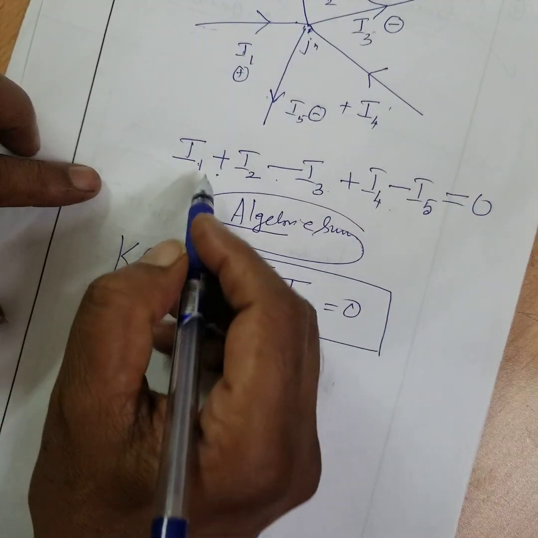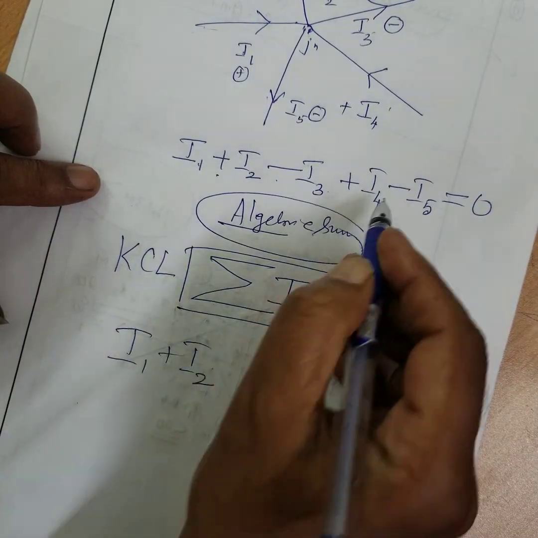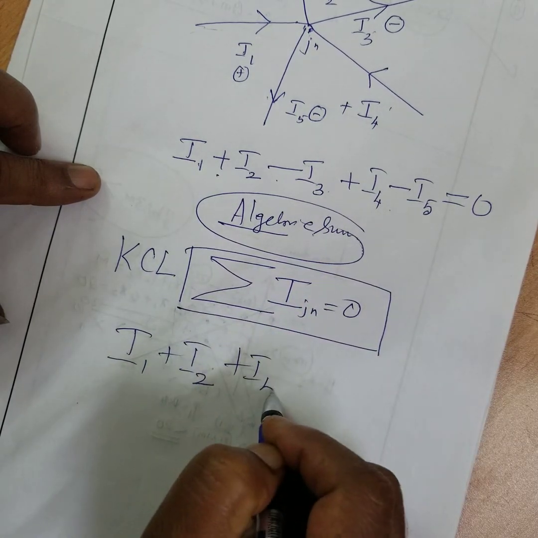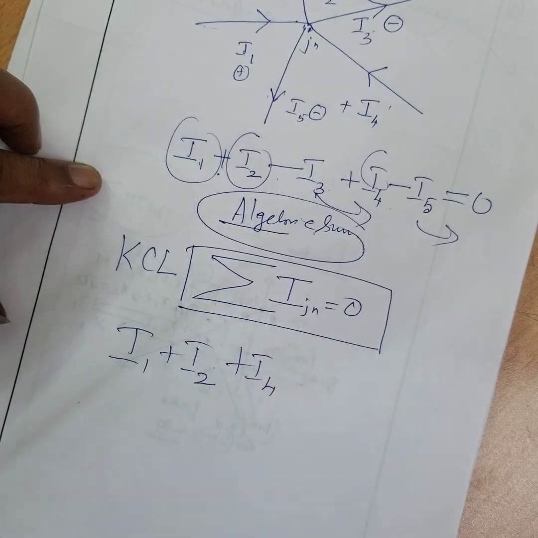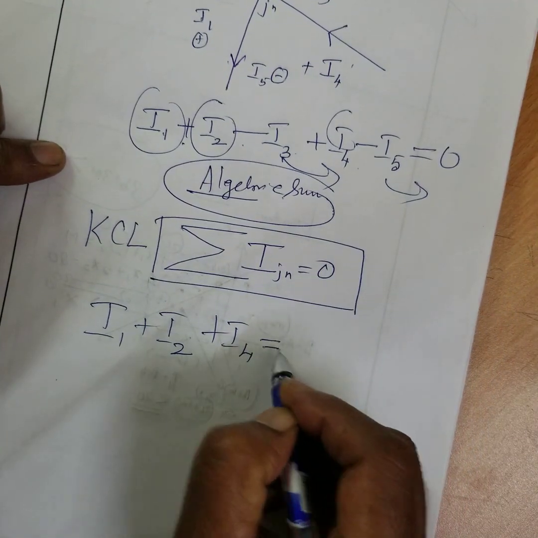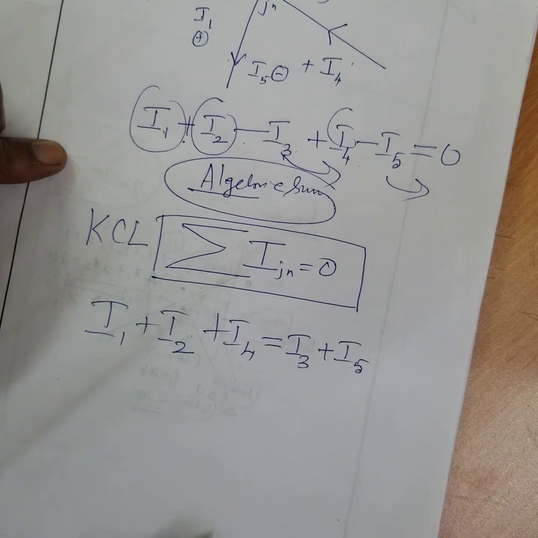Then what do you observe from this? I retain I1 plus I2 plus I4 on one side, and I am sending the others to the other side, that is I3 plus I5.